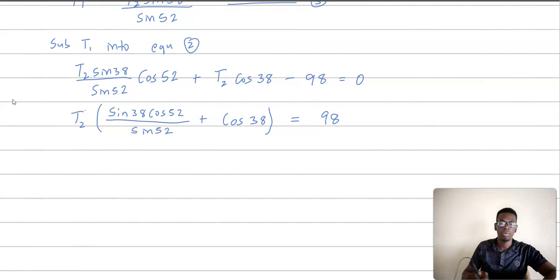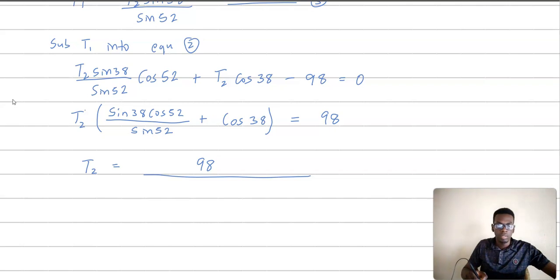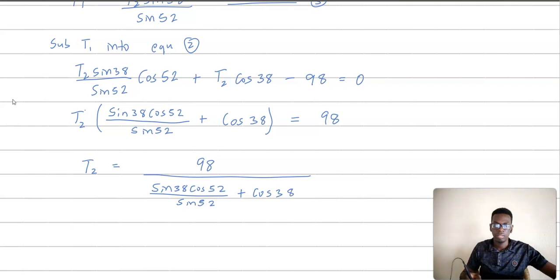I have to divide both sides by what is in this bracket. Now I have left that T2 is equal to 98 divided by sine 38 times cosine 52 divided by sine 52 plus cosine 38.